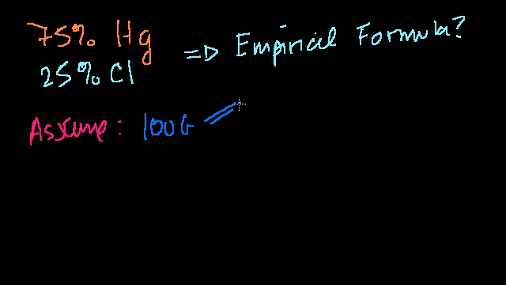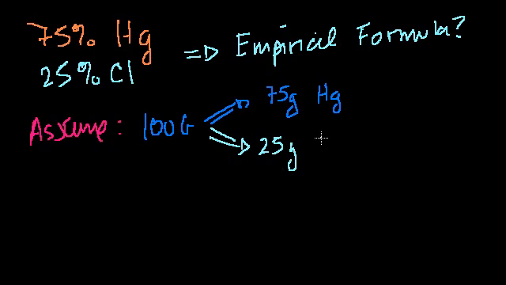Well, you have 75% of that, so 75 grams of mercury, Hg, and 25 grams of chlorine. You might be asking where I got these numbers from. I got them because I assumed 100 grams. I could have assumed 112 grams or 7 grams, but those would have been harder numbers to work with.